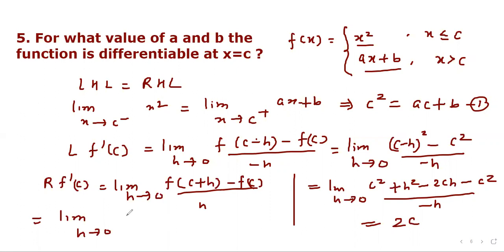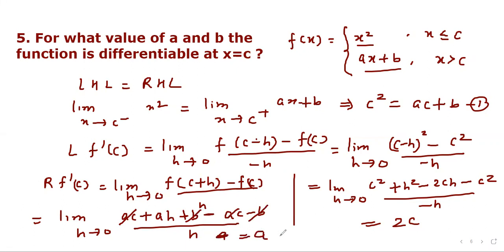So it will become ac plus ah plus b minus f(c), that is ac plus b, divided by h. Now ac will cancel out, b will cancel out, and we will get a. So it will be a.